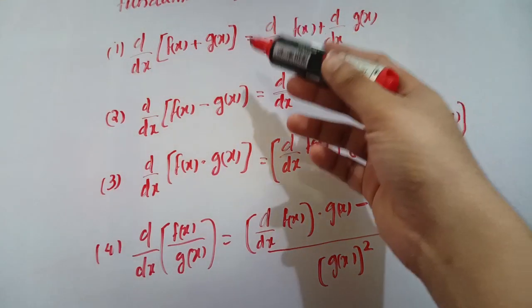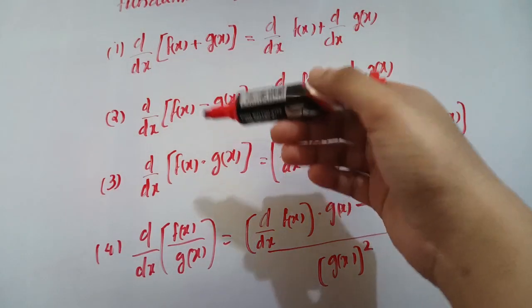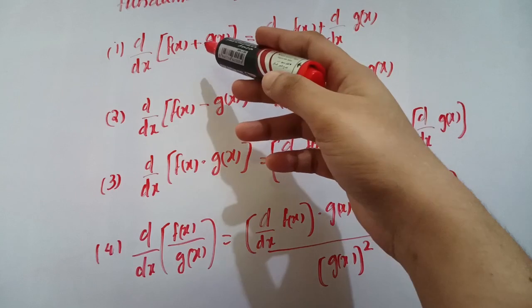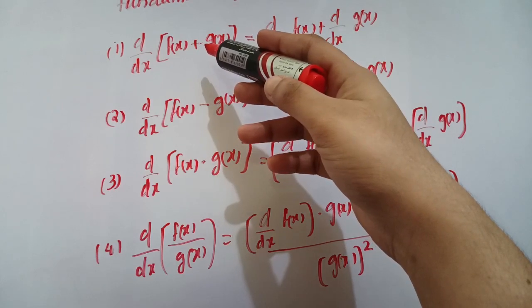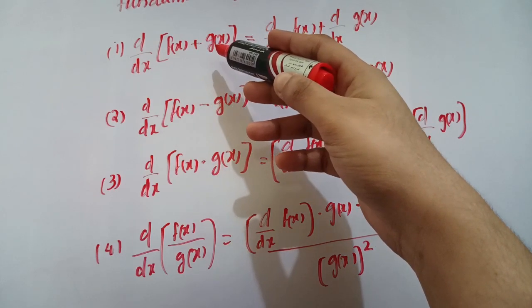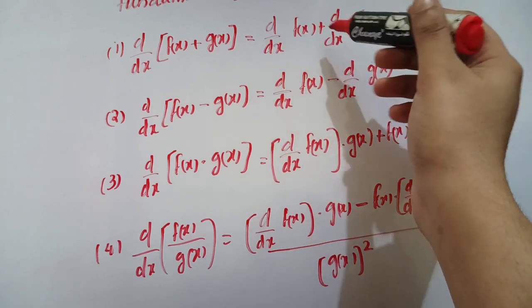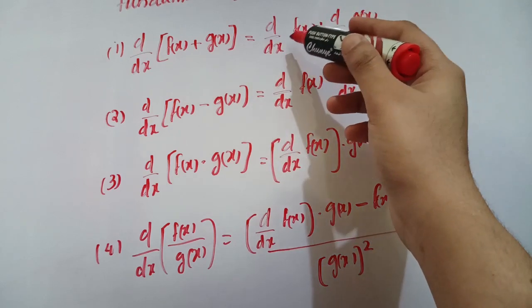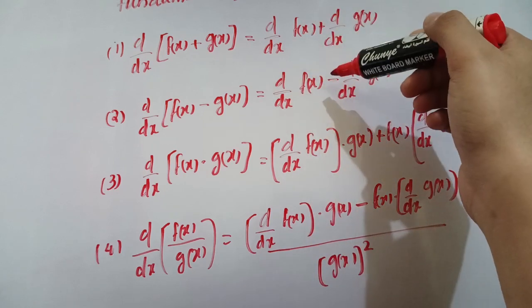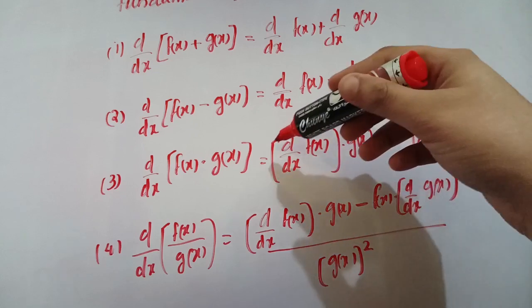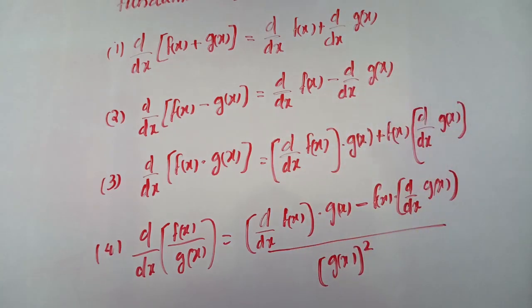These four are the addition, subtraction, multiplication and division rules of derivative. For addition of two functions, we have to find the derivative of the two functions separately and add them. In subtraction also, but in multiplication and division the equation is different.